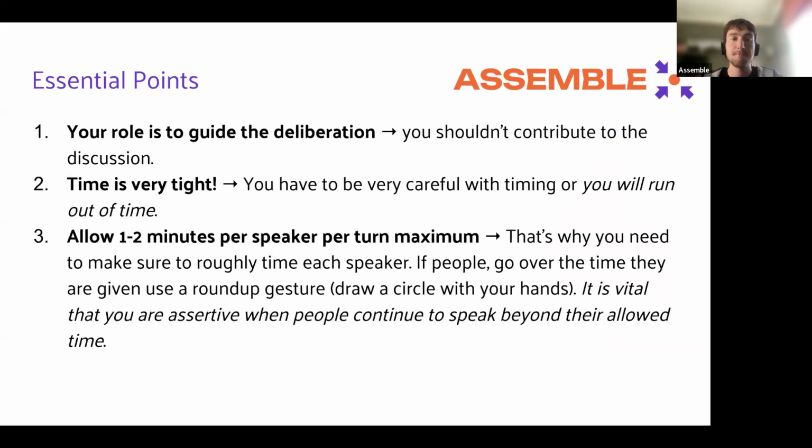Okay, so if you are a guide for one of these small groups, in other words, you're the person within this small group of 6 who is helping to control the conversation a bit, then there are some really important things for you to know. So first of all, your role is to guide the discussion.